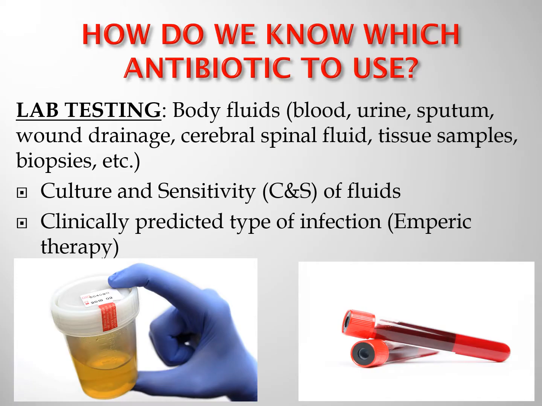So how do we know which antibiotic to use when we're assessing someone with a bacterial infection, or we're seeing a patient that we think has a bacterial infection? So there are some infections that we just assume are bacterial, such as when someone has a pneumonia.